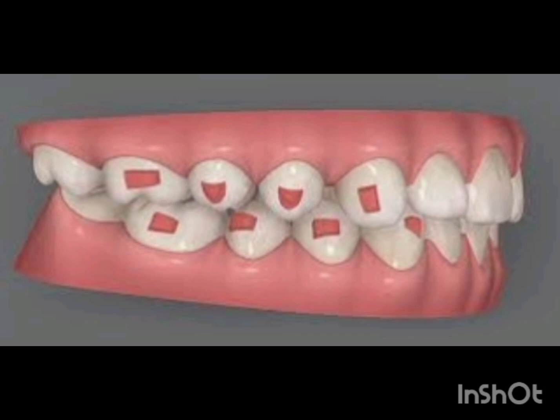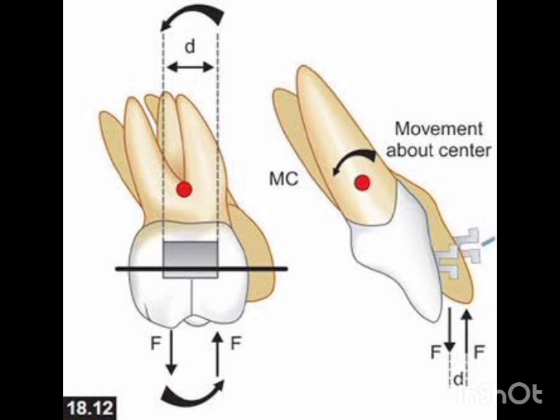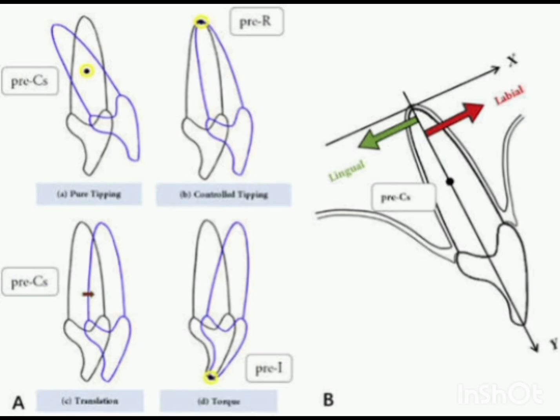In bodily movement, the crown and the root move in approximately the same direction, and this requires a controlled combination of movements, and attachments can improve the aligner's ability to generate this type of movement. Rotation involves turning the tooth around its long axis. The rotation of round teeth, particularly canines and premolars, can be challenging because the aligners may slip away from the tooth surface. This is why attachments are frequently used to improve rotational control.